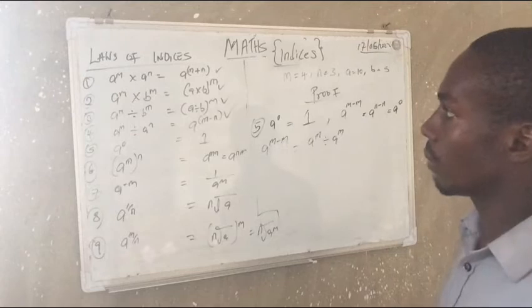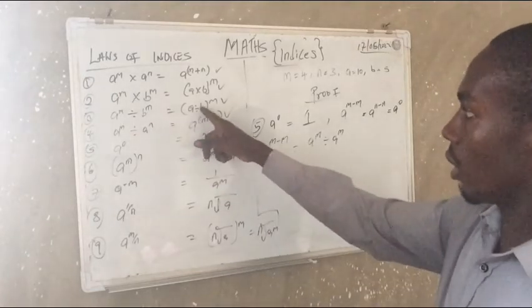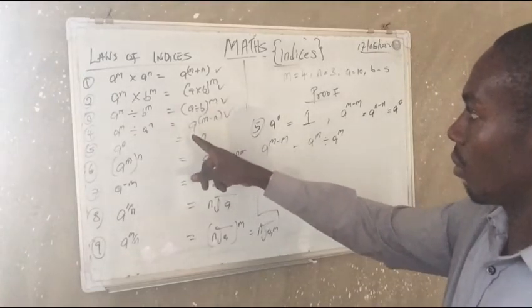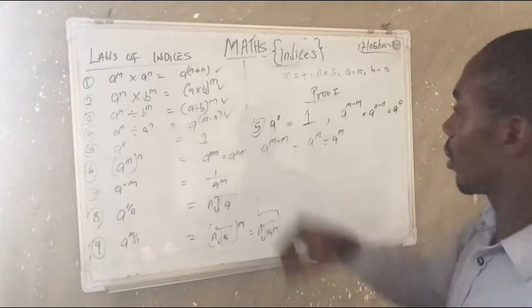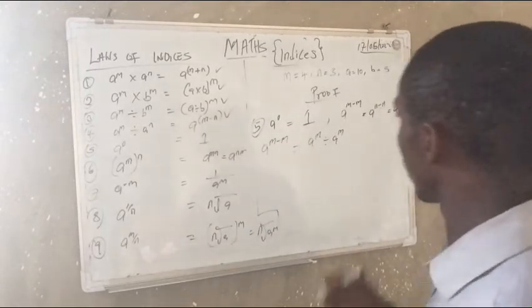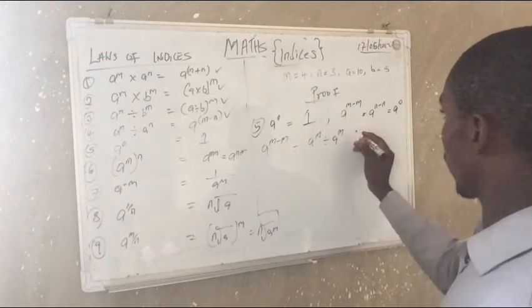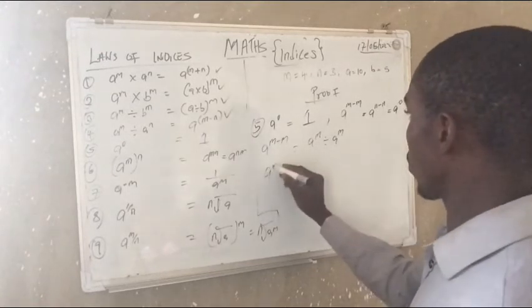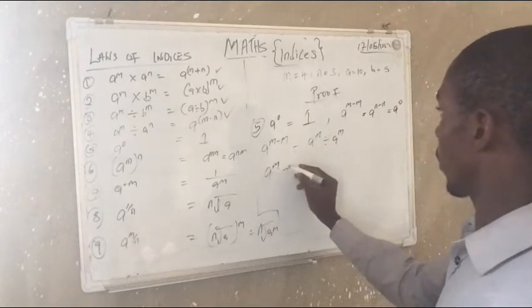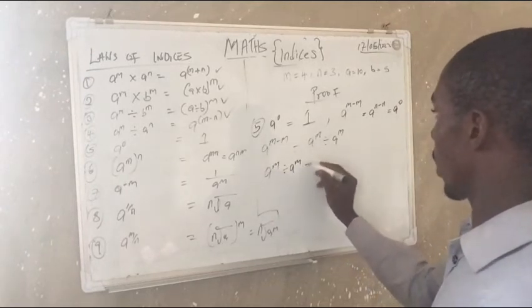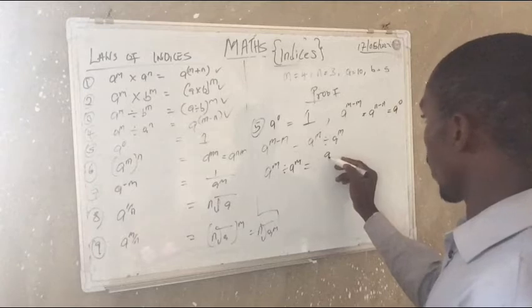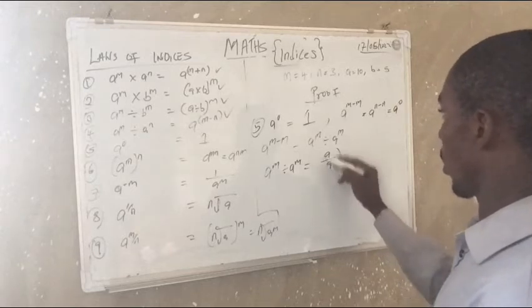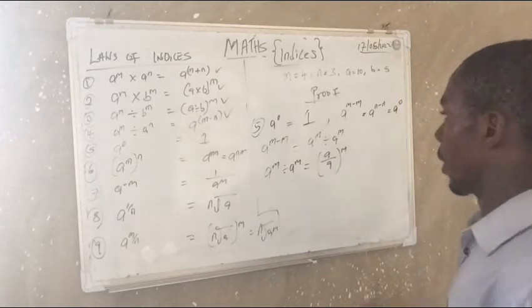Yes, that is from the fourth law. So now I can say this is still equal, okay, a raised to the power m divided by a raised to the power m actually is a all over a, all to the power m.